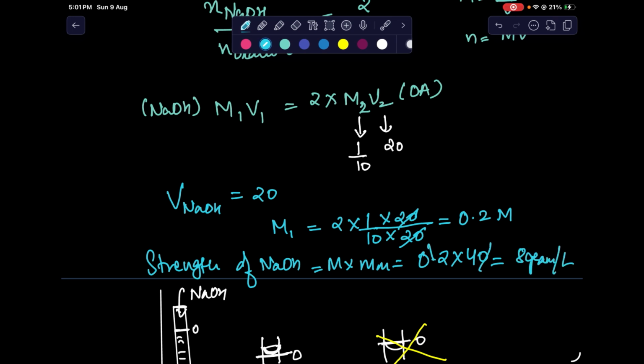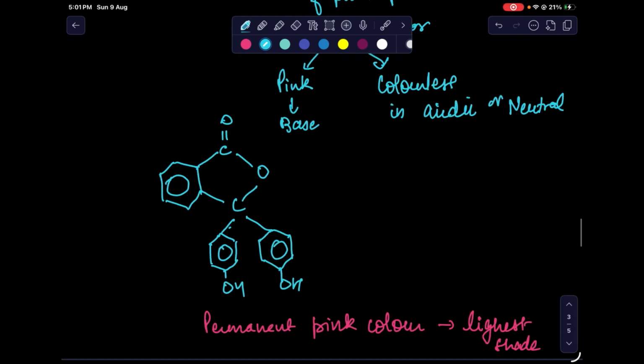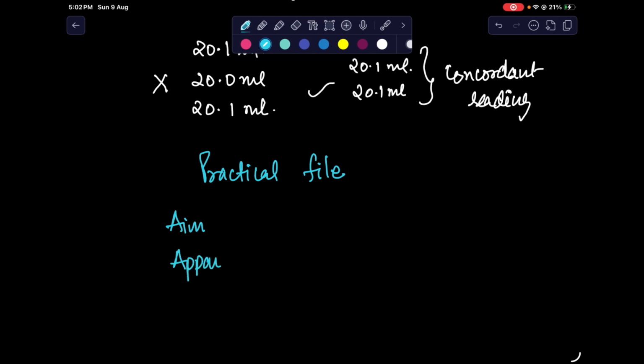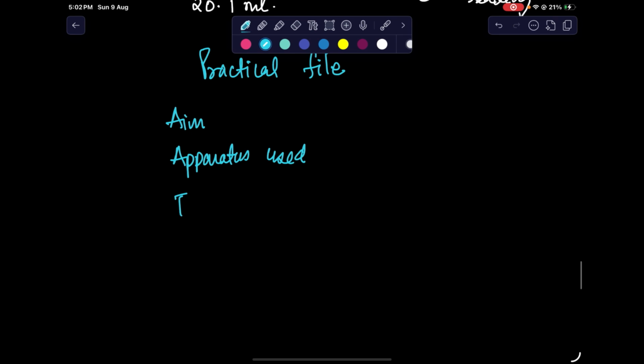It is mandatory to write the reading. So this is your experiment. How to write the experiment? You have to write it exactly the way you have written it in your practical file. So basically you have to write the aim, the apparatus used, and the theory or principle involved.